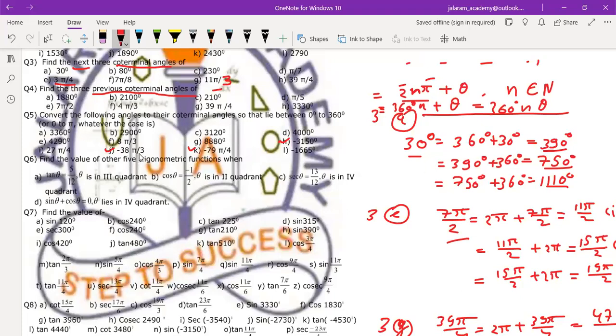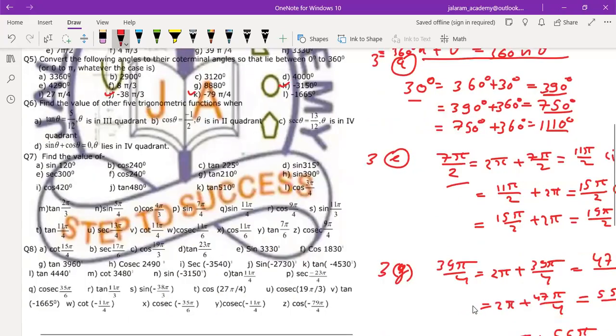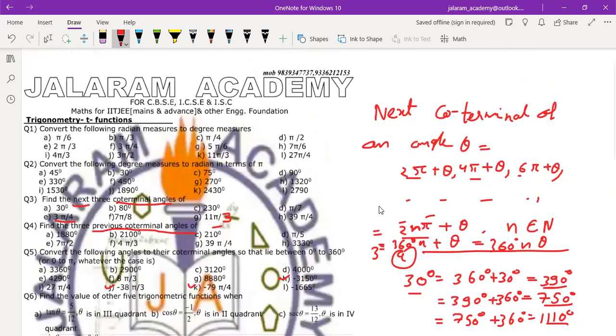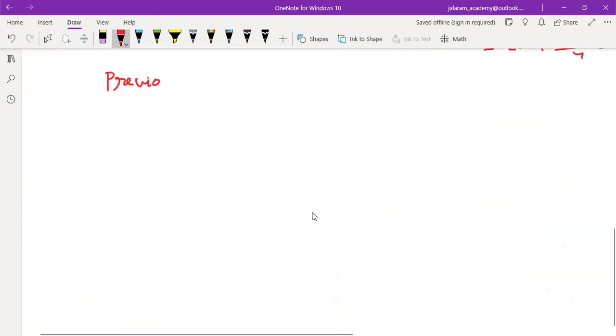To get the next coterminal angle, we always add, and to get the previous coterminal angle, we subtract. So write these things in your notes also. The definition of next coterminal angle is obtained by adding 2 pi, 4 pi, 6 pi. And the previous coterminal angle is obtained by adding minus 2 pi, minus 4 pi.